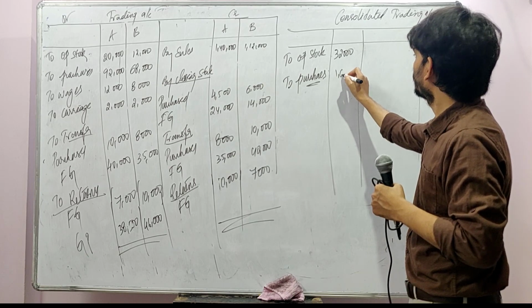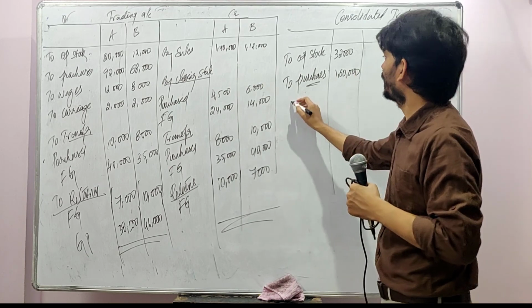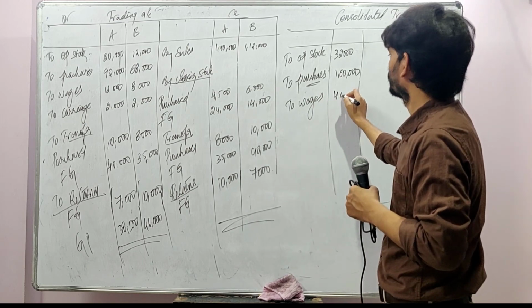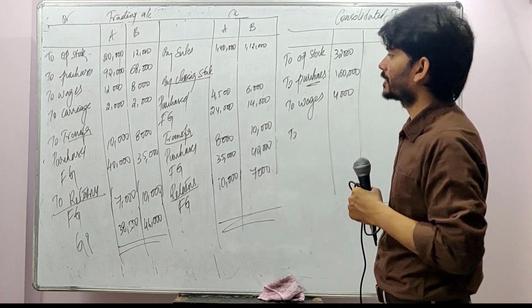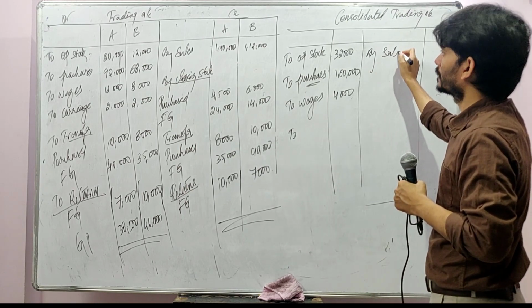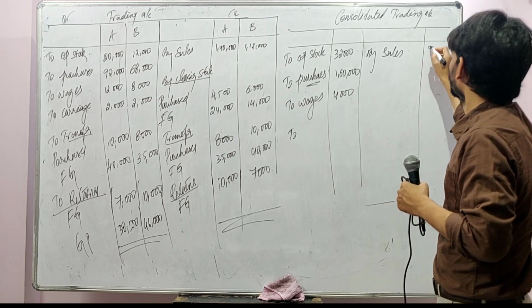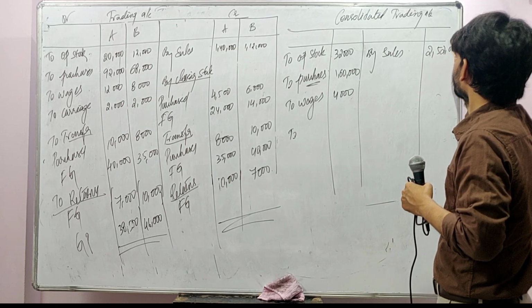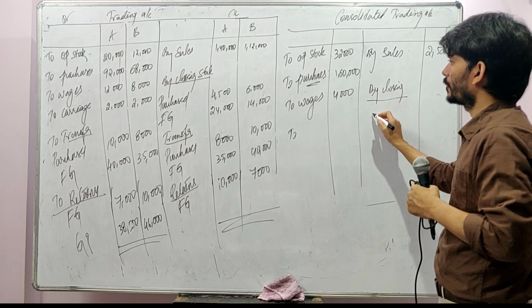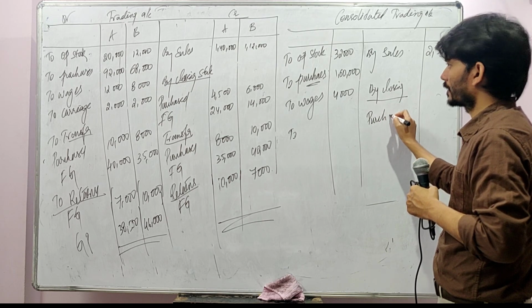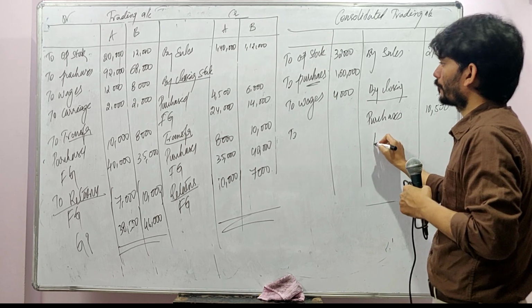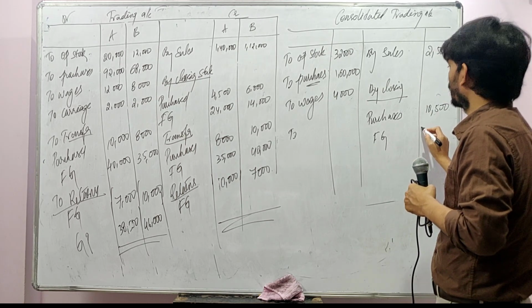Then wages, 224. Transfers, for the time being you leave it. Then by sales 140, 240, 252. By closing stock, you have the purchased goods 10,500 and the finished goods 38,000.